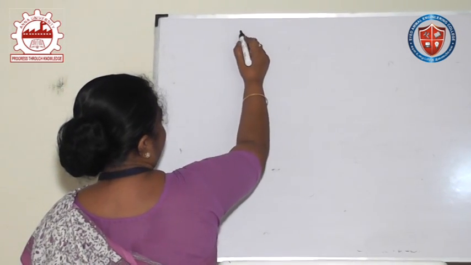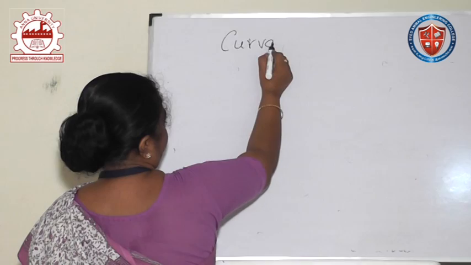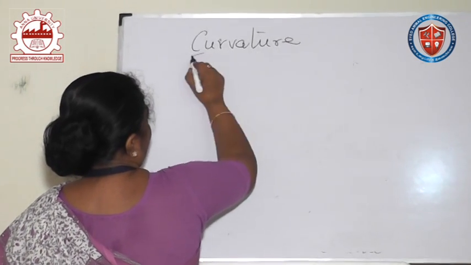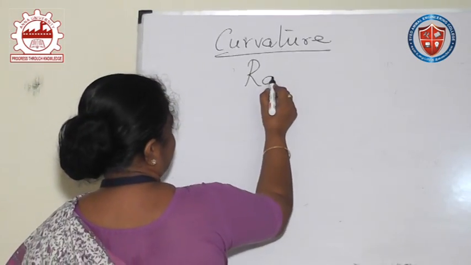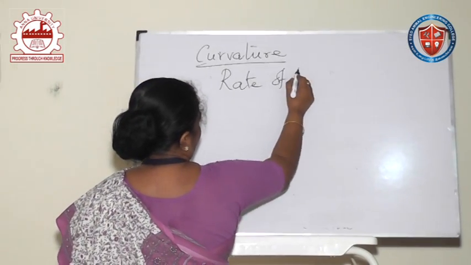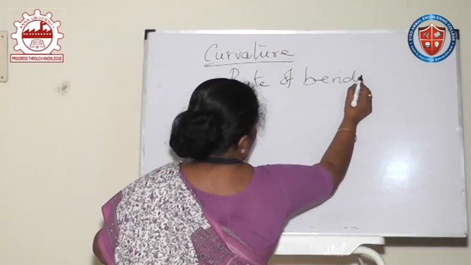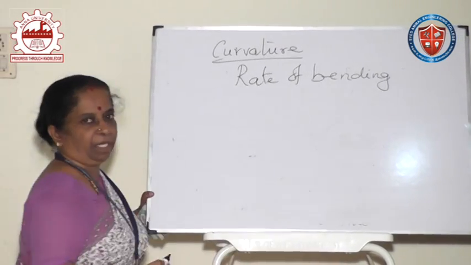When I go for the definition of curvature, the curvature is nothing but the rate of bending. Now what is the meaning of rate of bending?